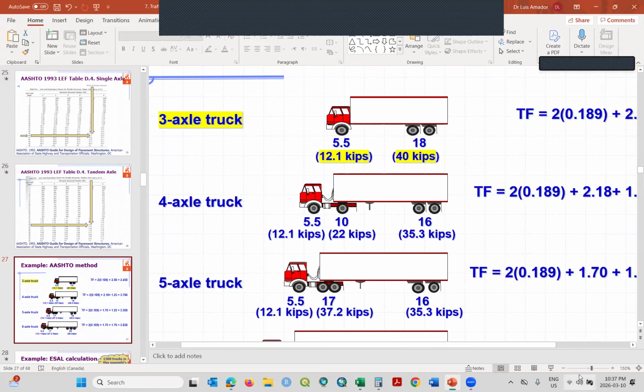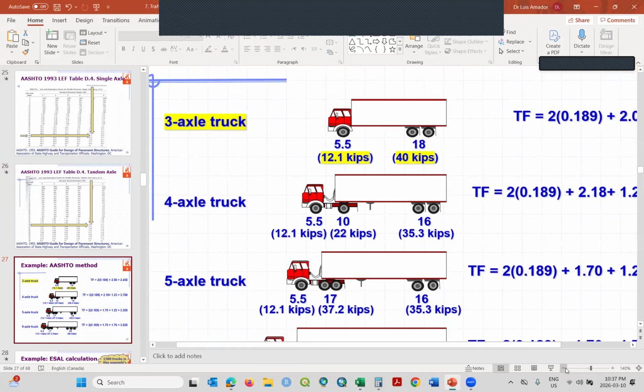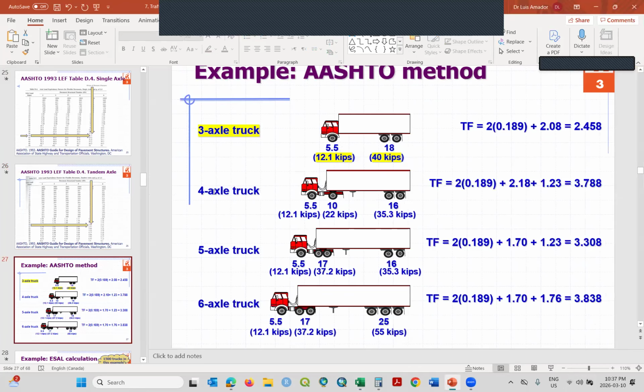And we can continue with the rest of the trucks. I'm just going to show you the calculation here. So for the four-axle truck, the truck factor is 3.788. For the five-axle truck, the truck factor is 3.308. For the six-axle truck, the truck factor is 3.838.